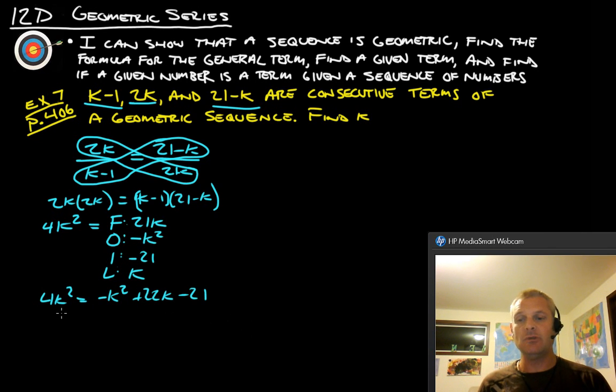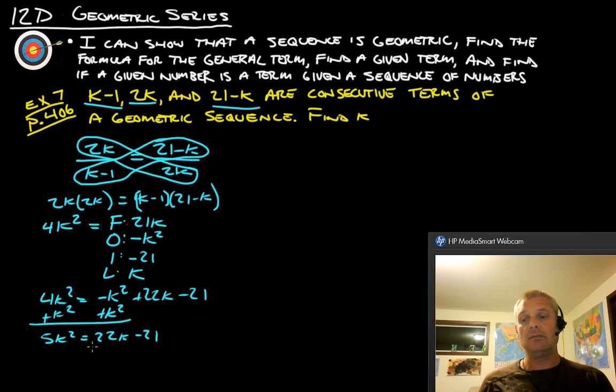I would suggest moving everything to one side or the other and then seeing what we can do from there. I always like the coefficient in front of the variable with the highest power to be positive, so I'm going to add k squared to both sides. That gives me 5k squared equals 22k minus 21. That doesn't seem to be terribly helpful, so let's move everything to one side.